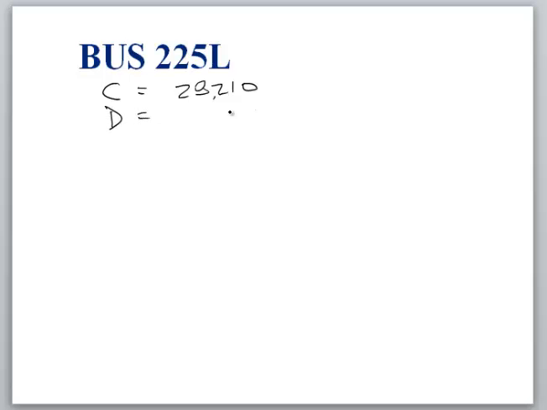And my deferred provision was 5790. Okay, so my total provision is 34,000. Okay, so what's my effective rate?